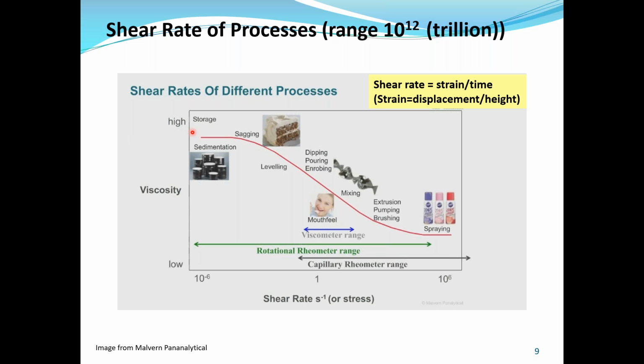And this can go over a range of 1 trillion to processes that involve spraying, which could be up to 1 million reciprocal seconds. It's also very noteworthy to know that a viscometer, a rotational rheometer, and a capillary rheometer have various ranges in which they're most capable. You see, the rotational rheometer has a range that covers most of the rheological assay needs.